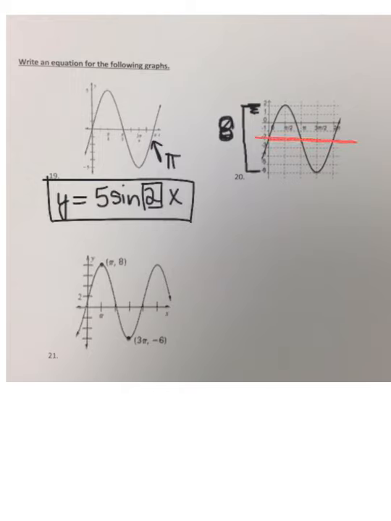Can you see now that when I draw that line, which is y equals negative 2, you can see that the distance from here to the top or from here to the bottom is a distance of 4. Okay, so that makes this part of the graph and this part of the graph even, just like we had over here and over here. So the amplitude of this graph is going to be 4. 1, 2, 3, 4. Or you could look at it this way.